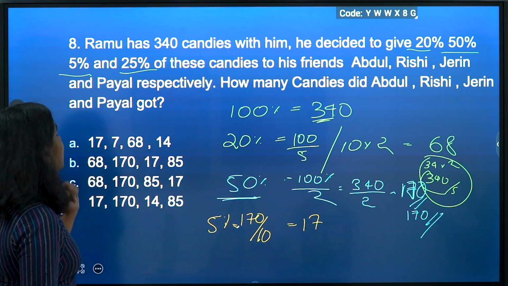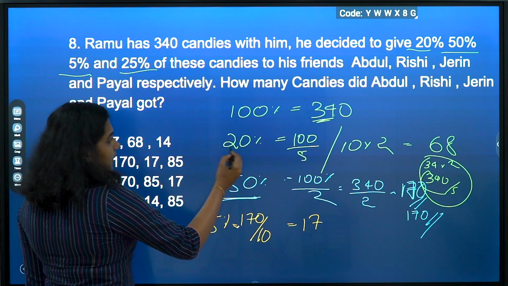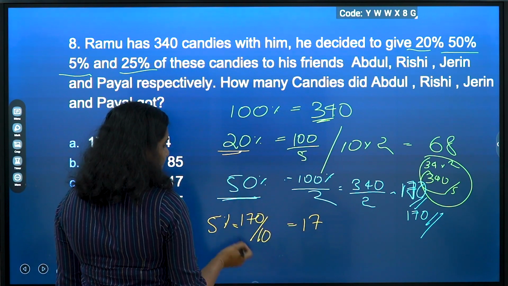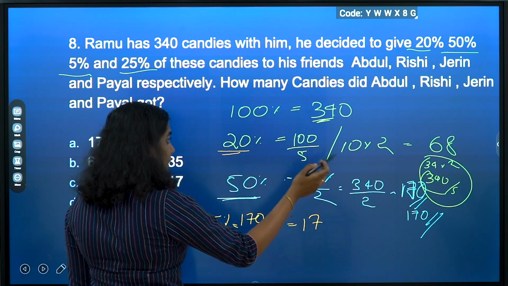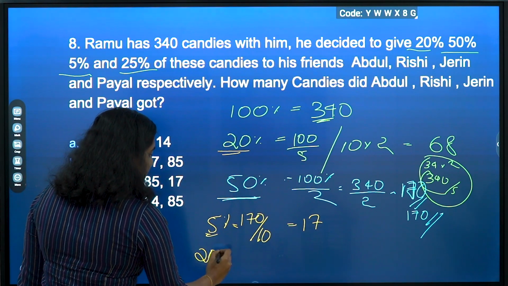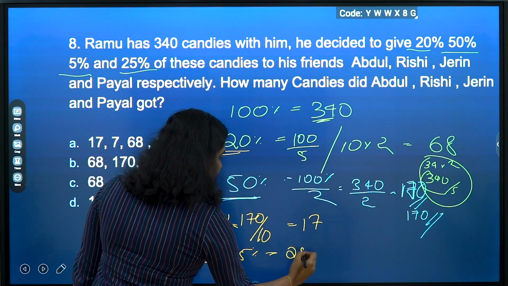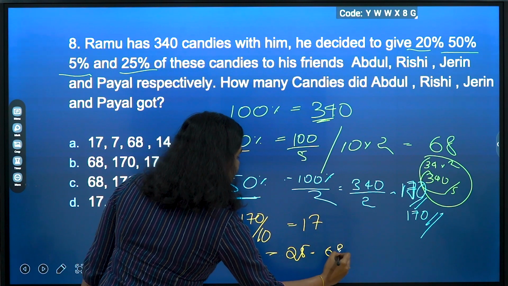Now 25%. Actually you already know 20% is 68 and 5% is 17. If you want, you can add 68 plus 17, that means 20% plus 5%. That will give you 25%.